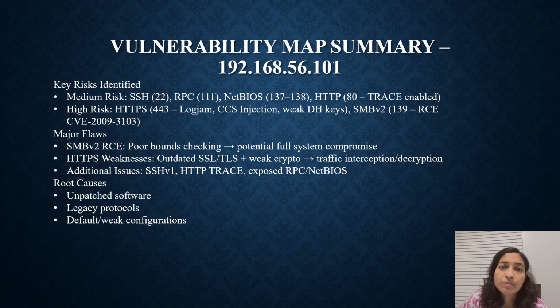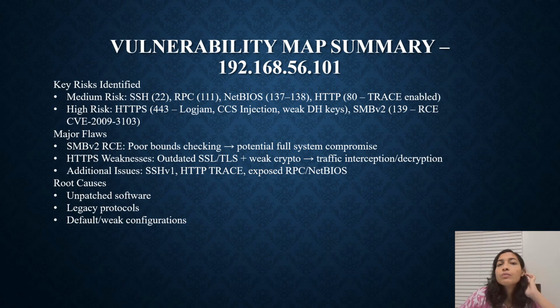Some of the lower-risk issues include SSHv1 on port 22, HTTP TRACE on port 80, and exposed RPC and NetBIOS services. Even though they are not as severe, they still contribute to the system's overall attack surface.